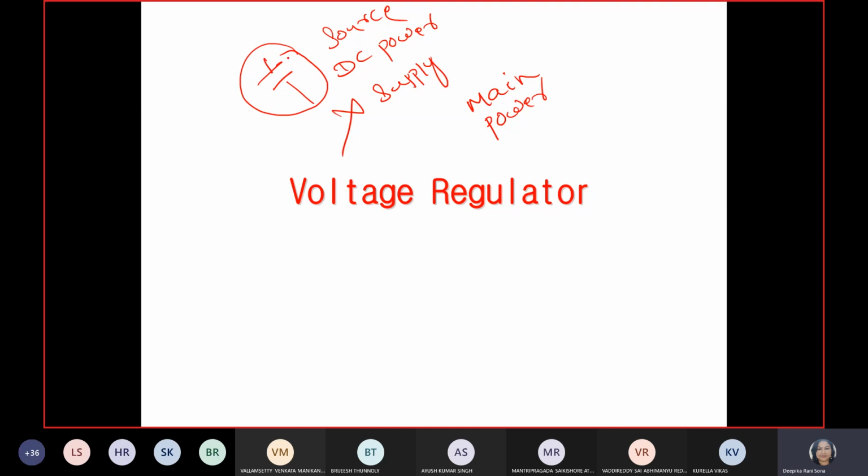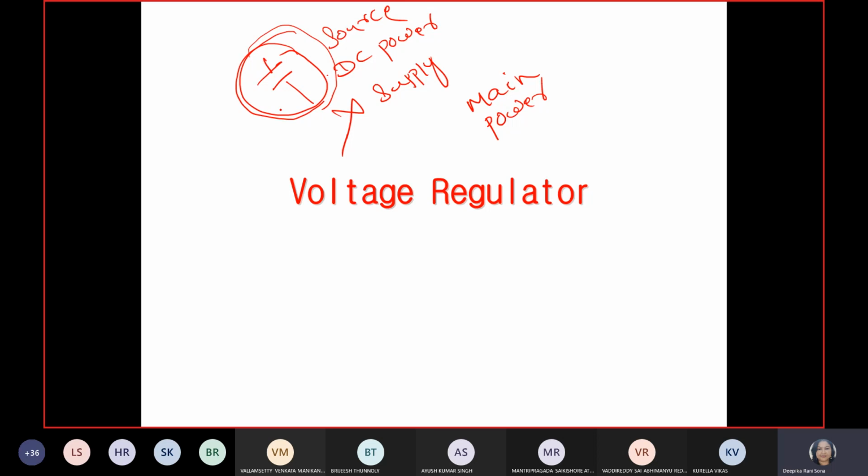But how do we get that constant output? So in our main supply, these are the AC sources, right? It is up to 240 volts as per our Indian power ratings. So we need a lower input for some electronic device operation.